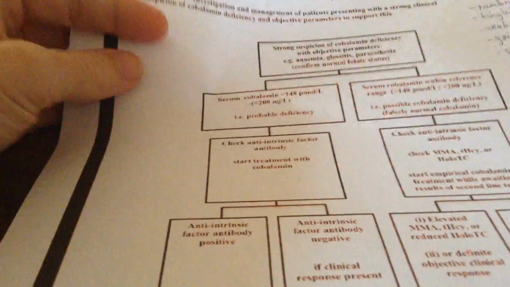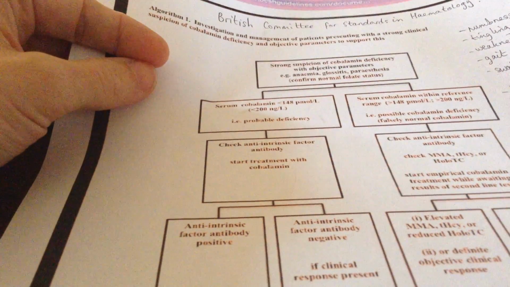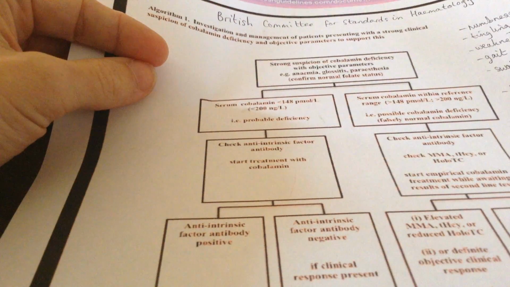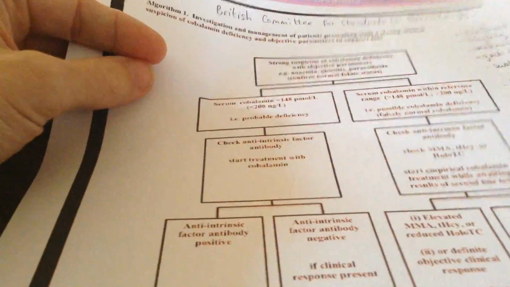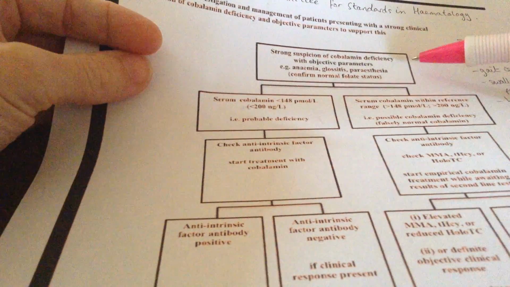Okay, this chart here is from the BCSH, British Committee for Standards in Haematology. So haematology consultants should be using this table to help them with diagnosing. We'll start at the top here. Strong suspicion of deficiency.